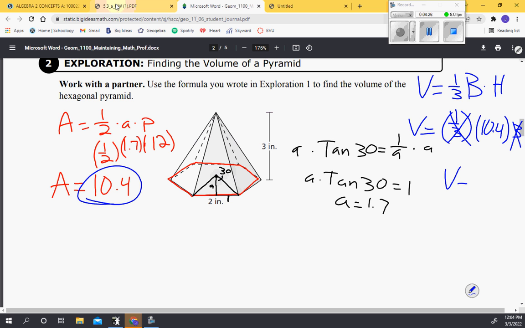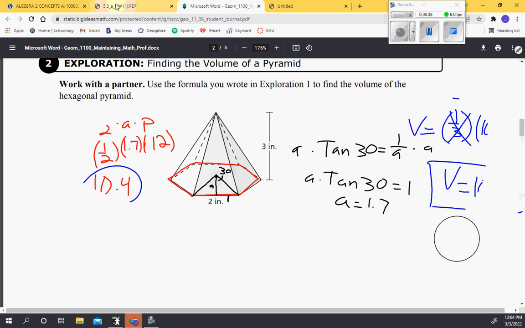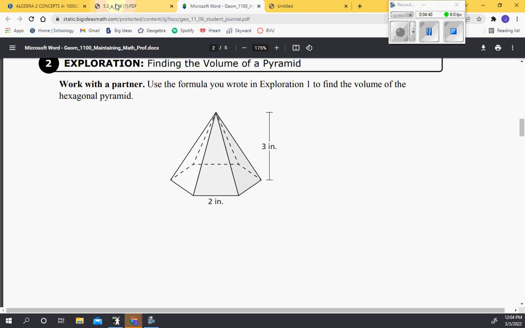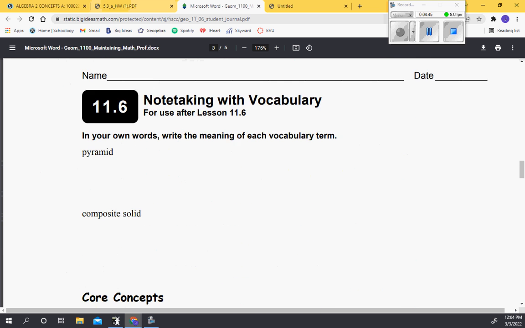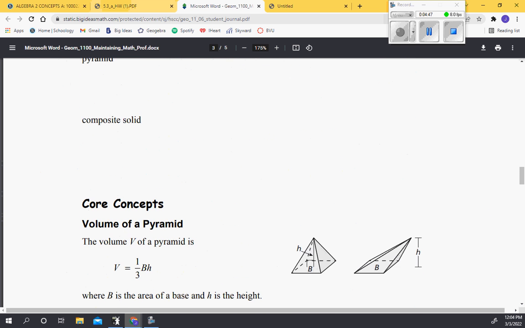So I know my volume is just 10.4 inches cubed. We know how to find the volume of a pyramid.